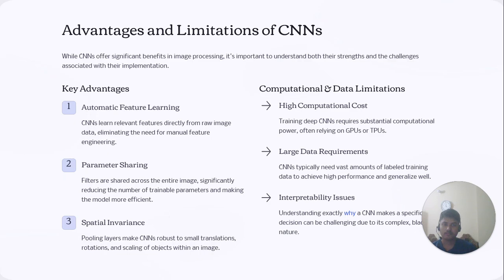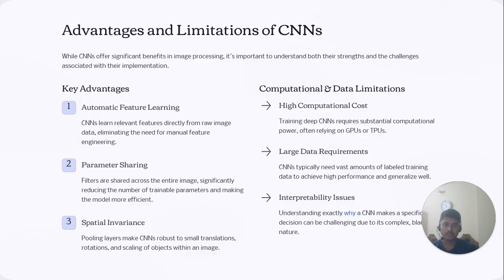CNNs have many advantages. One big advantage is that they can learn features automatically from images, so we don't need to design features by hand. Another advantage is parameter sharing, where the same filter is used across the whole image, ultimately reducing the number of parameters and making the model more efficient.